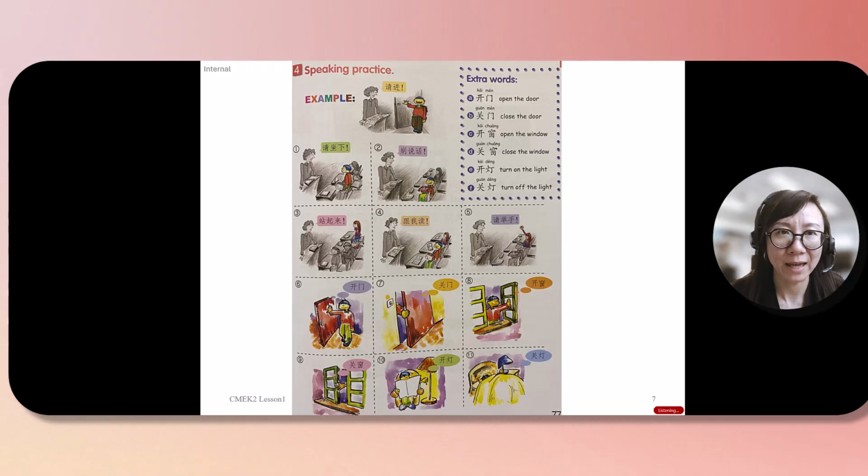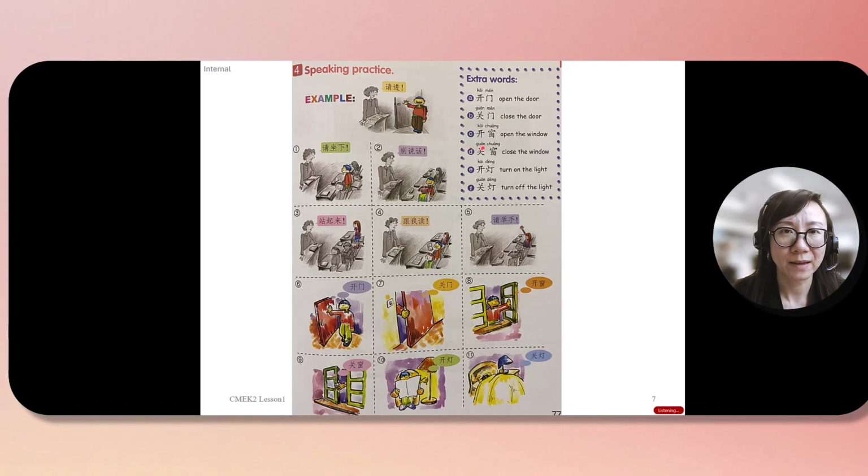Alright, now let's have a look at this speaking practice. First of all, have a look at the extra words in the vocabulary bank at the upper right corner. And let's go over all of them one by one. So the first one, A, is 开门, open the door. B is the opposite, 关门, close the door.